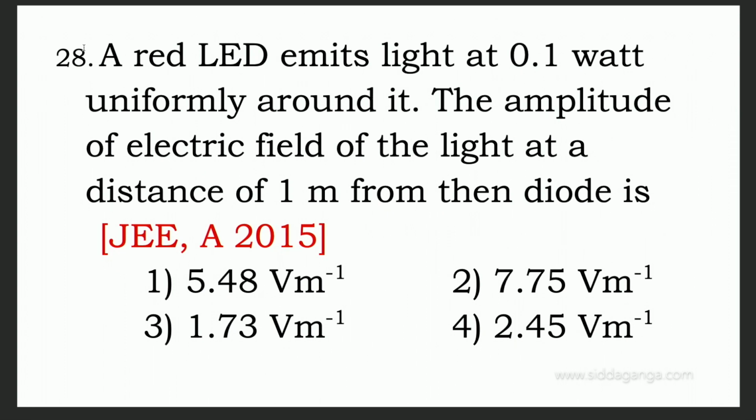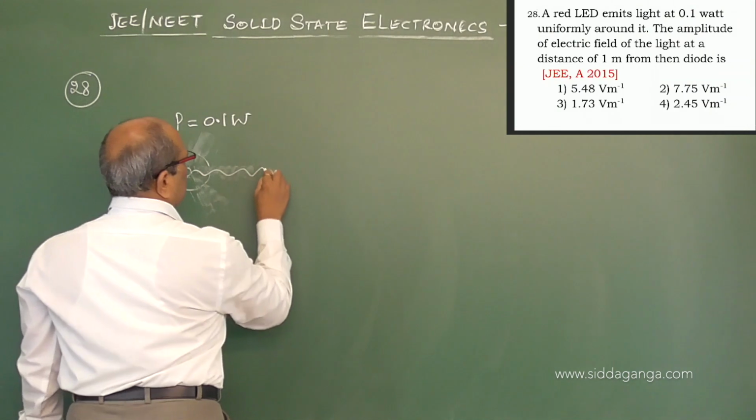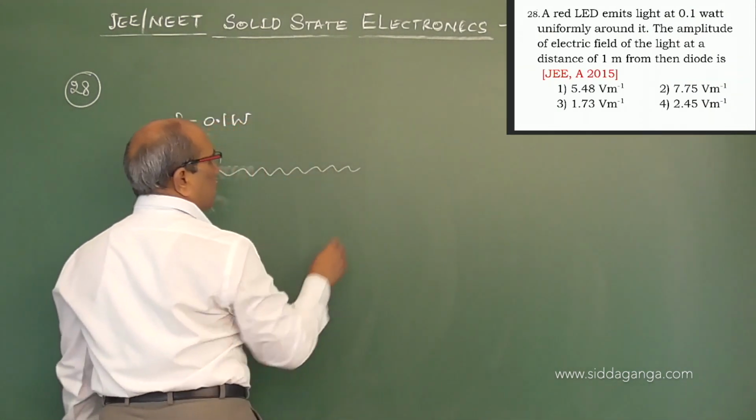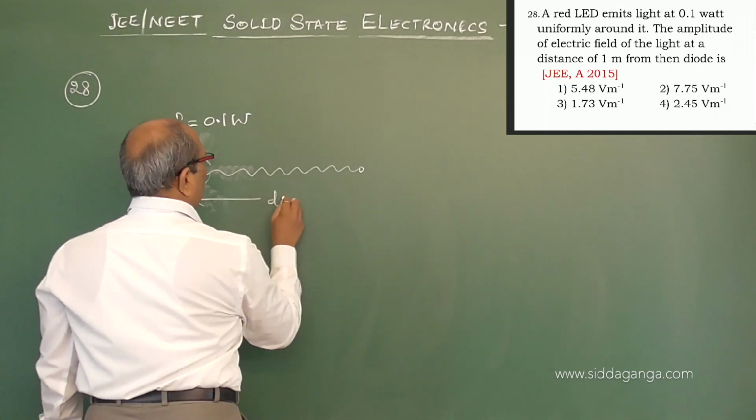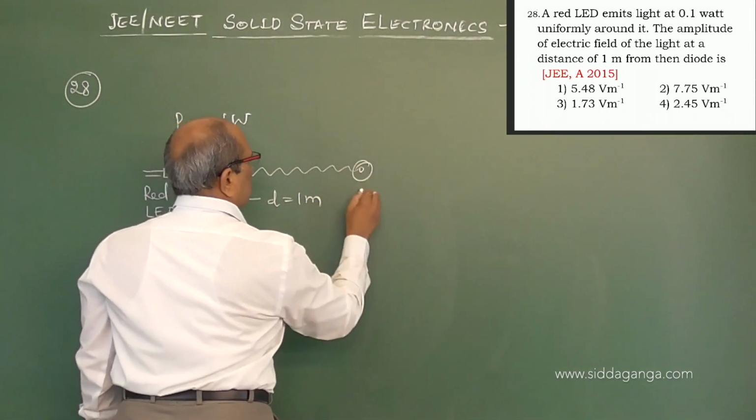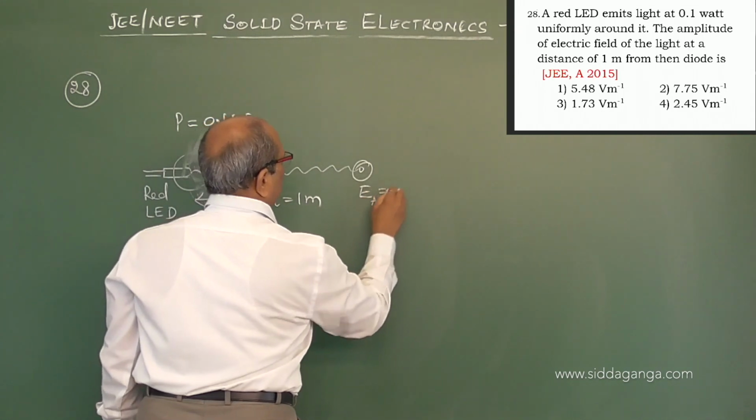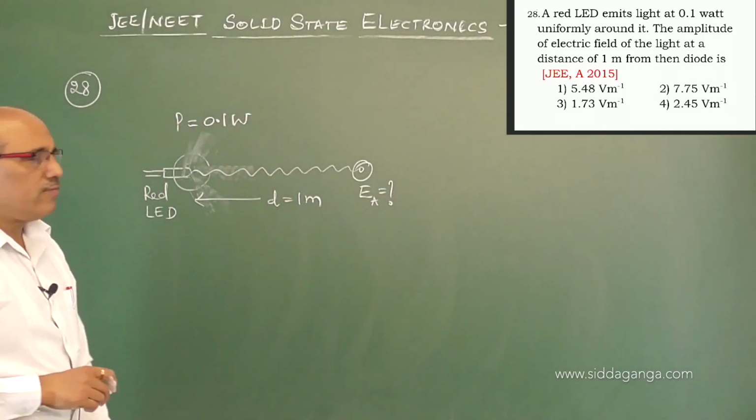There is a red LED emitting energy in all directions, red light, having power equal to 0.1 watt. The amplitude of the electric field of the light at a distance of 1 meter from the diode is? As this light is traveling as an electromagnetic wave, at a distance of 1 meter, what is the amplitude of the electric field, meaning the maximum electric field we expect.